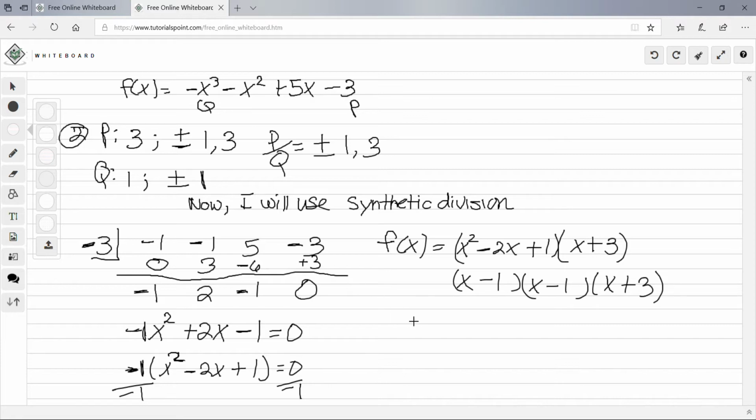But I can rewrite it as x minus 1 squared, and then x plus 3. Now, this is really important. This 2, and then there's an invisible 1. This determines my multiplicity. So hold on, I'm going to have to erase the board again, so press pause if you need to.